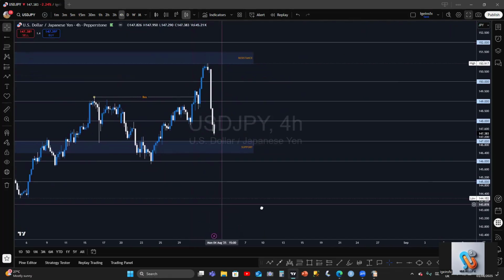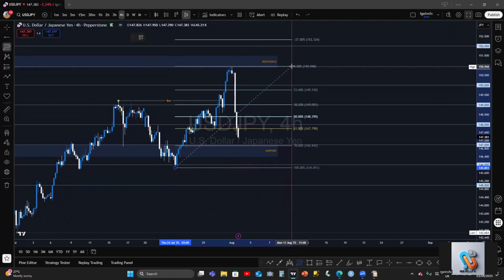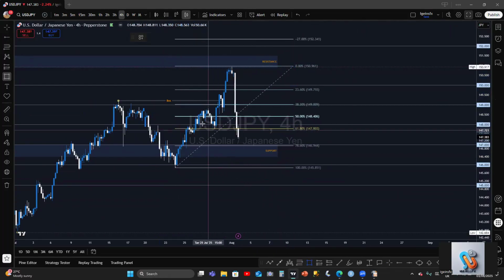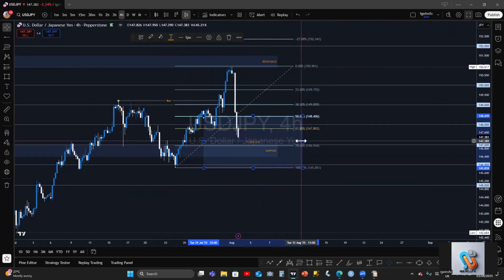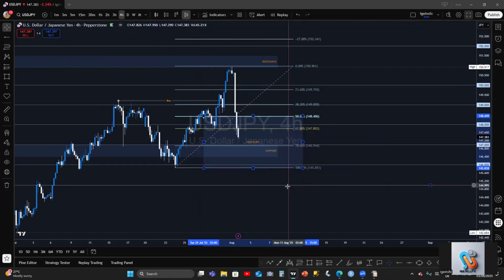To add another confluence, we use our fib tool to measure it like this. From this 50 down is what is our discount level. So we are waiting.